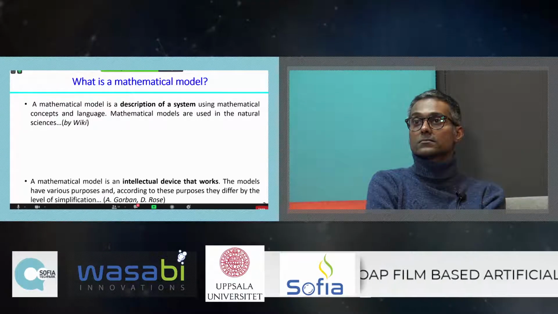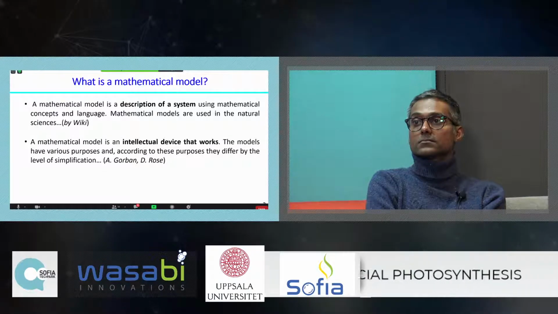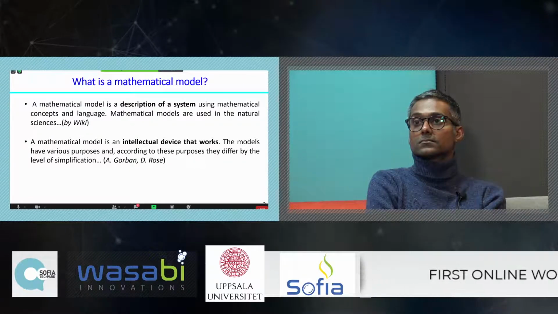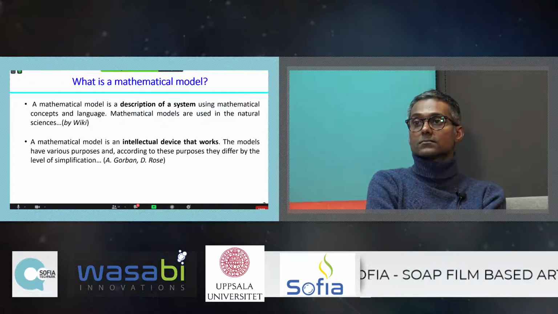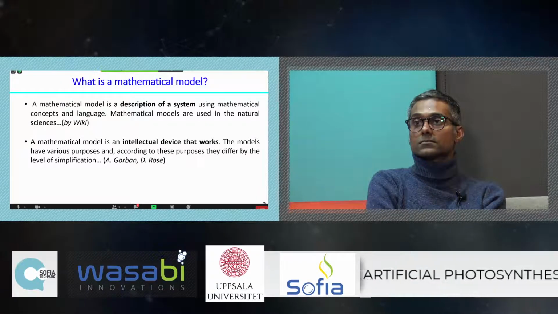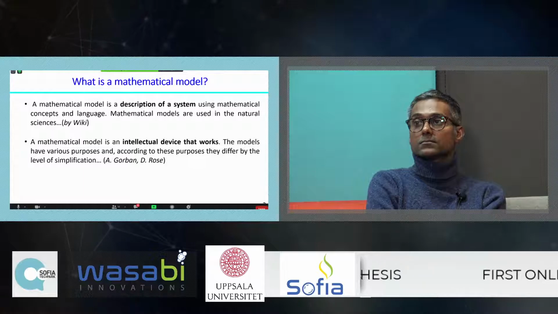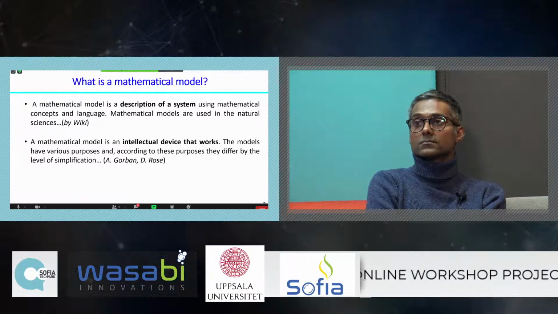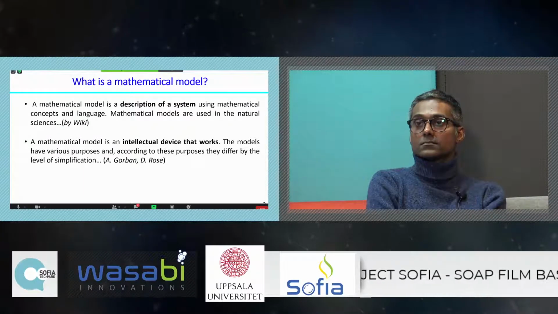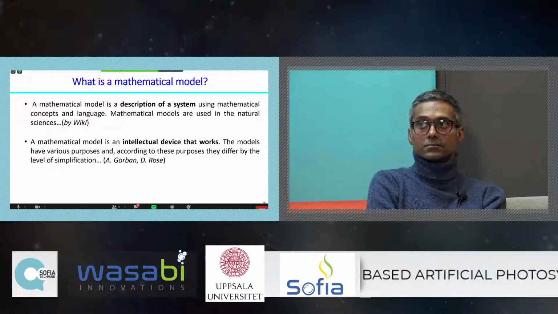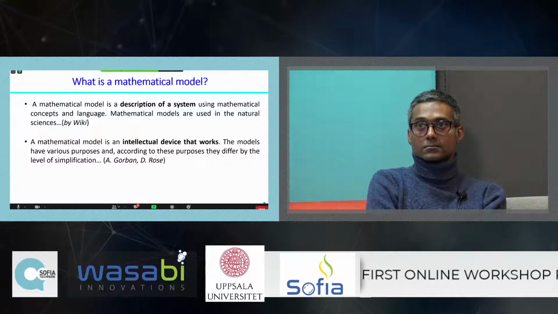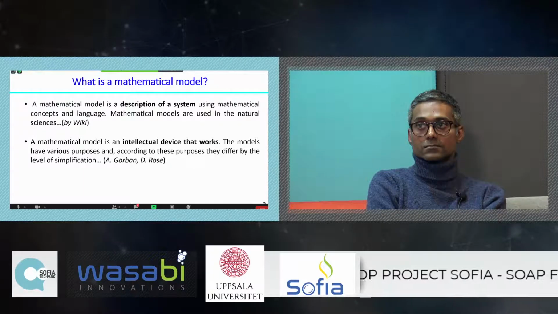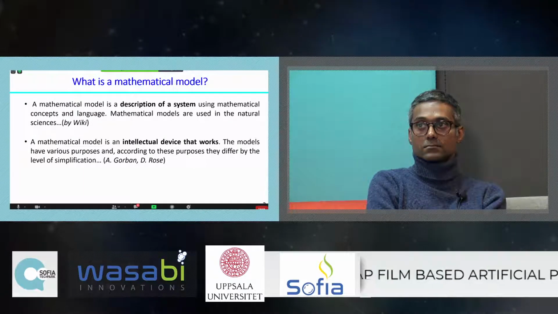Then I came across a book from two applied mathematicians. The first one happens to be also a good friend. And they give a very engineering kind of definition. They say it's just an intellectual device that works. Very pragmatic, right?